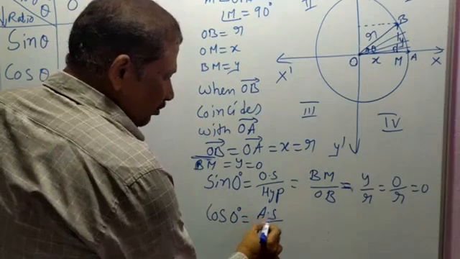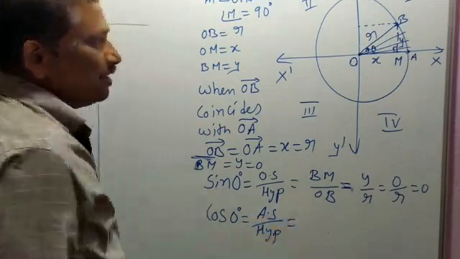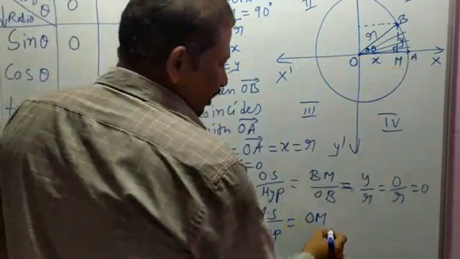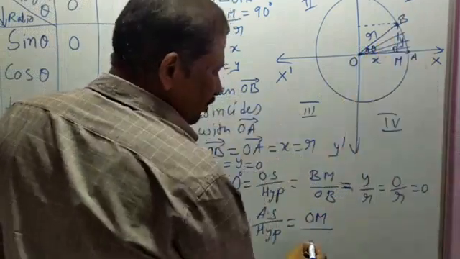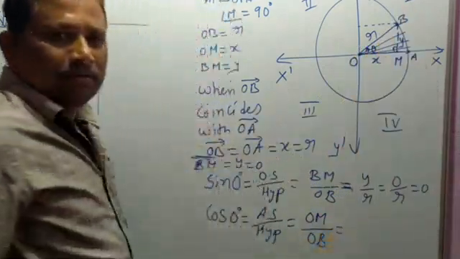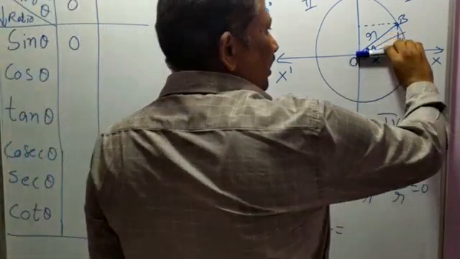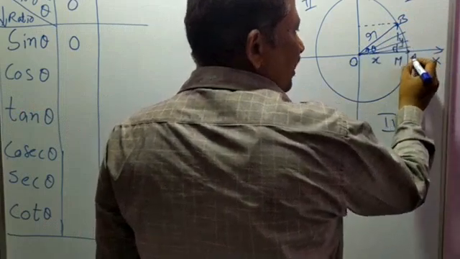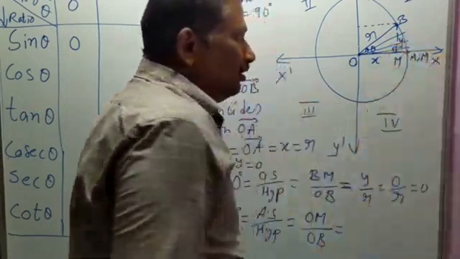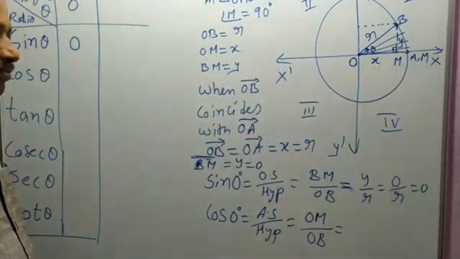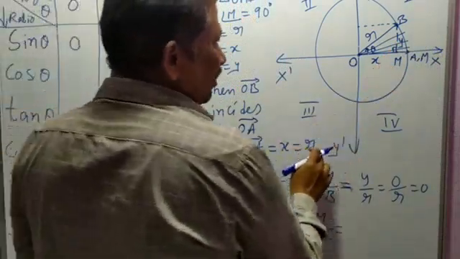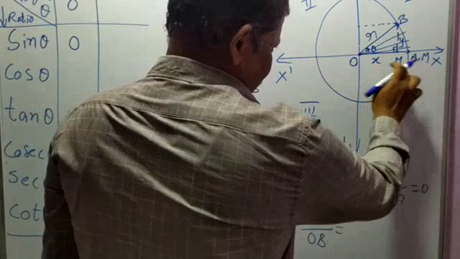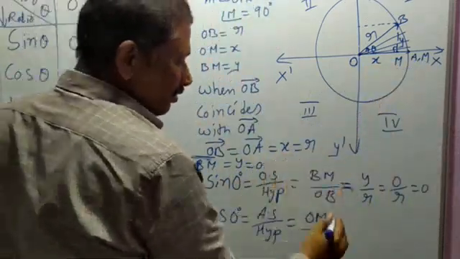The adjacent side is OM, and the hypotenuse OB is common. Here the adjacent side becomes r, because OB coincides with OA, and M and A coincide. So OM becomes OA, and x is equal to r.